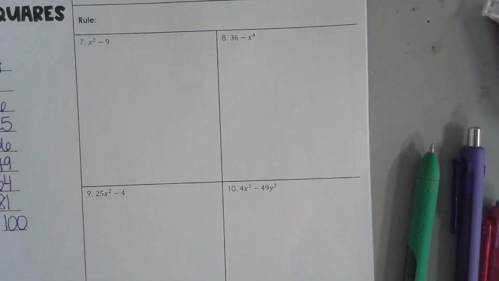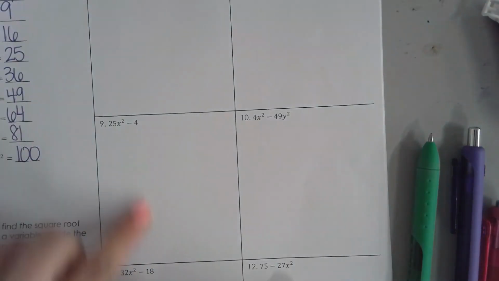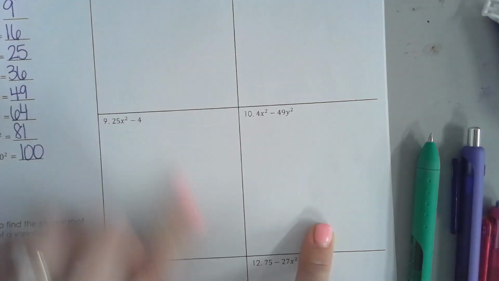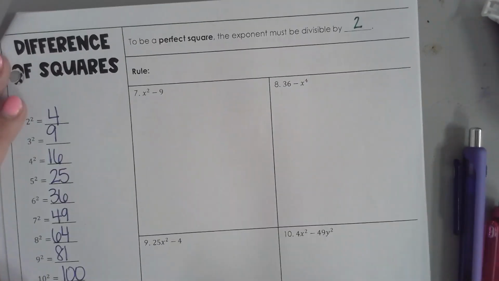So, we have this special formula for factoring and it's called difference of squares. What in math does the word difference mean? Subtraction. So notice all of these have subtraction signs. This formula only works with subtraction, and we have 2 squares.